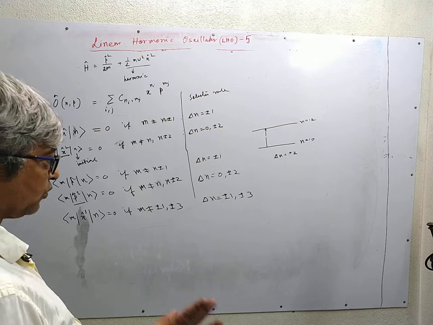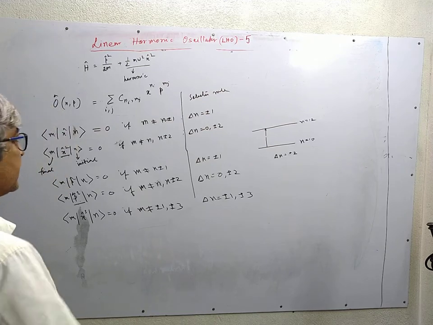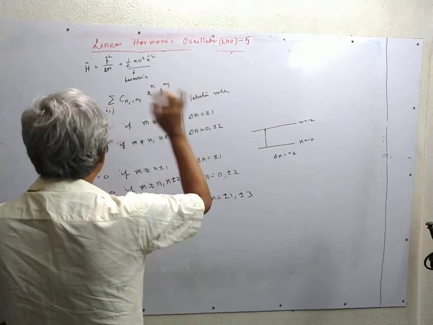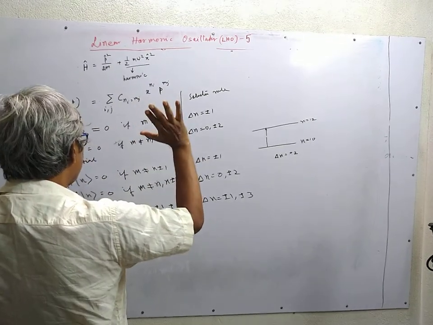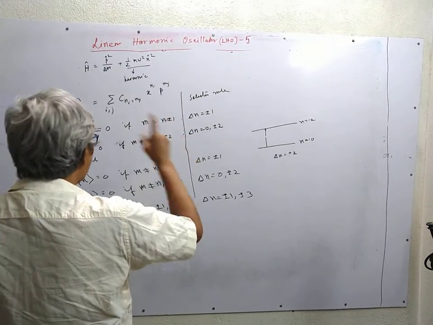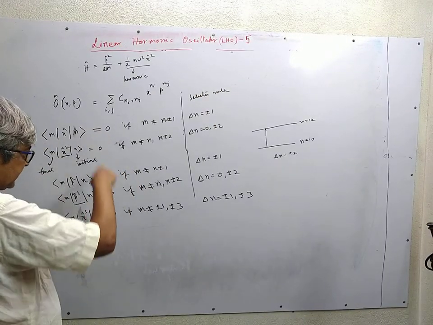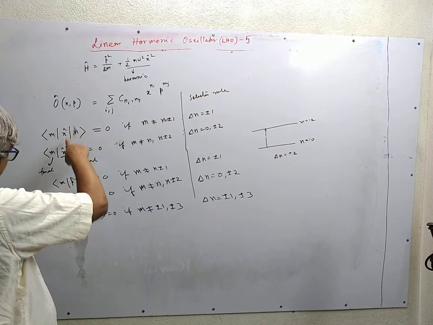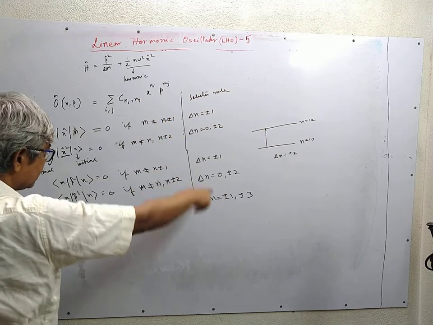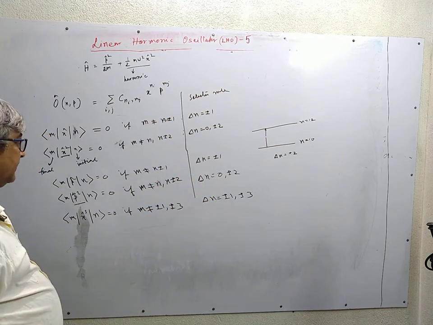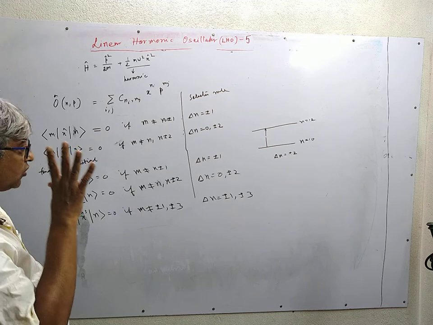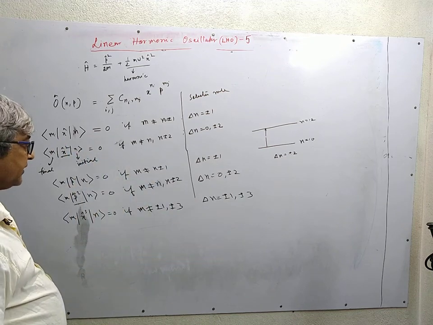One thing I want to make clear is that the selection rule depends mainly on two things. One is the nature of the interaction. As the form of the interaction changes, the selection rule changes. Secondly, it also depends on the system under consideration.